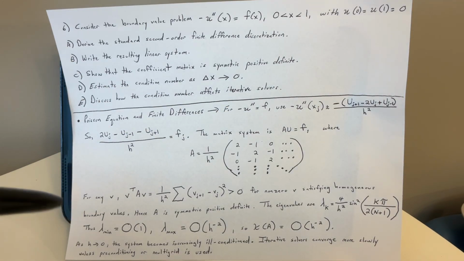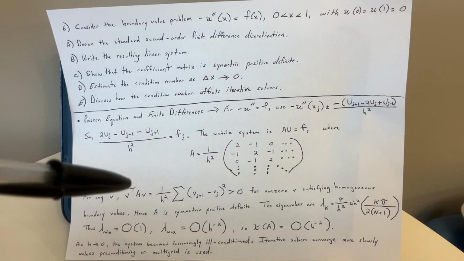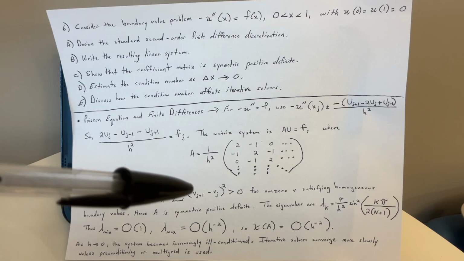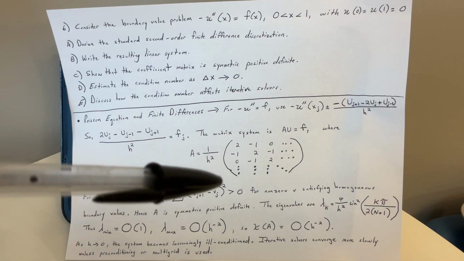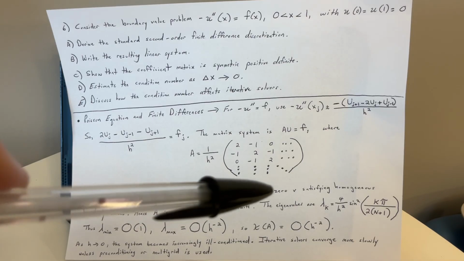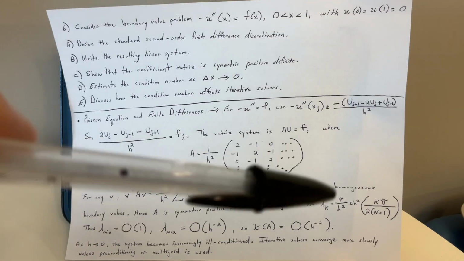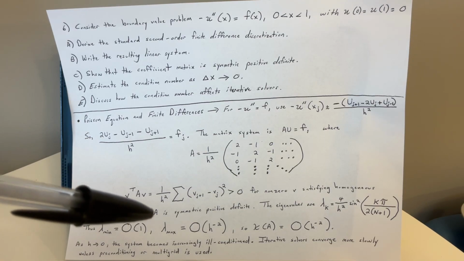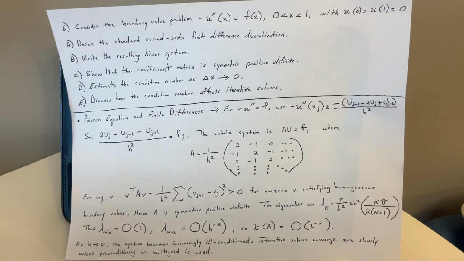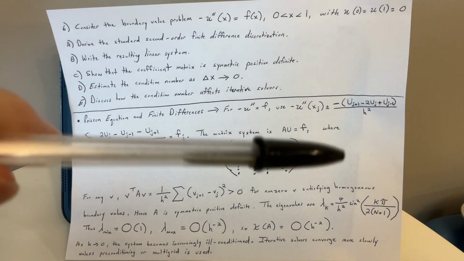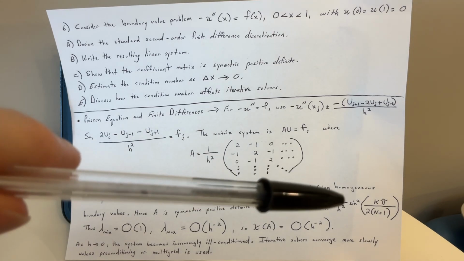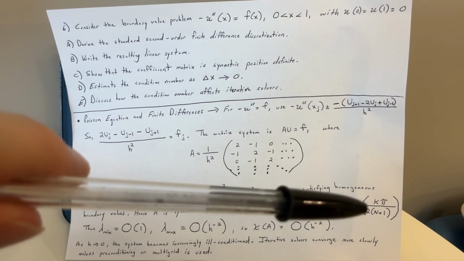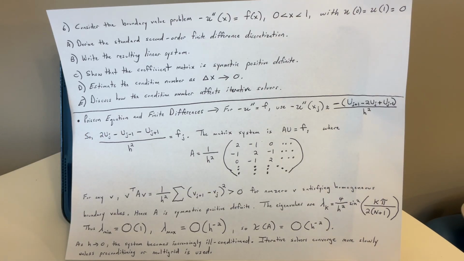So here, for any v, v transpose A v equals 1 over h squared times the sum of the quantity v sub j plus 1 minus v sub j, squared, which is greater than 0 for non-zero v satisfying homogeneous boundary values. And hence, A is symmetric, positive definite. The eigenvalues are lambda sub k equals 4 over h squared sine squared of k pi over 2 times the quantity n plus 1.